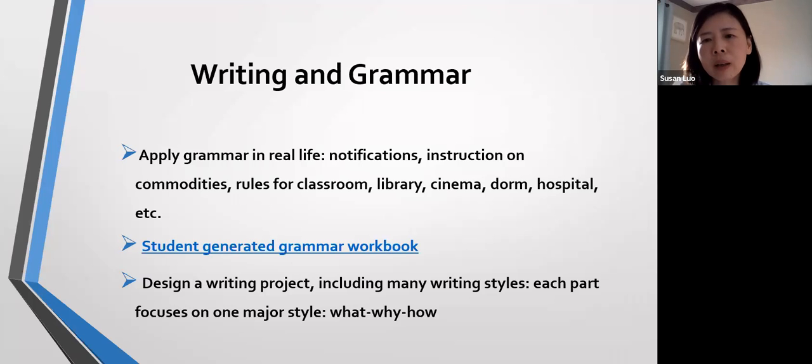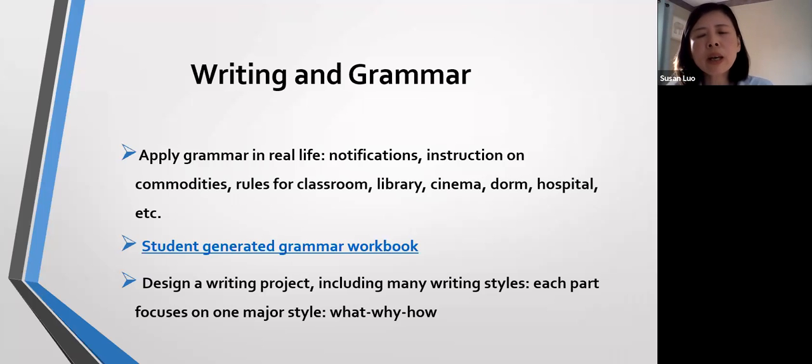I used "allowed" a lot. Right now, I can only think of this word, but actually, if you give students enough time to apply the grammar in real life, then they can give you some very good examples, and they're understanding how to apply the grammar.